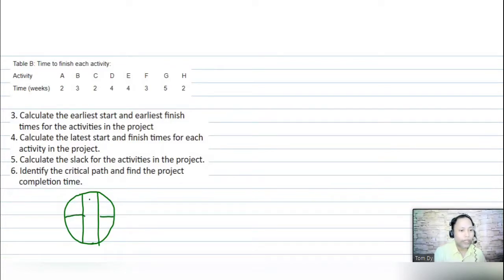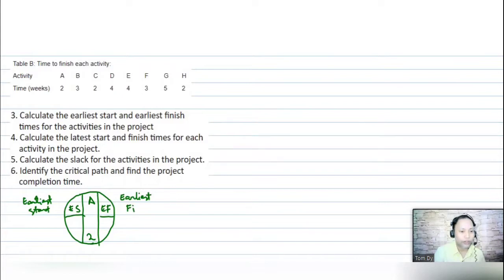Now, say for example, activity A. We will write here activity A, the name of the activity. And then we have here the time or the duration of your activity. Let's say 2. For activity A, we have here 2. And then this part is our earliest start. We will call it ES. And then this part is earliest finish, EF.